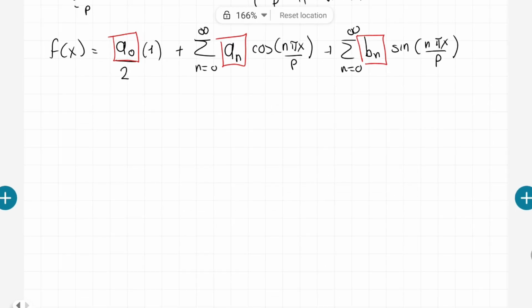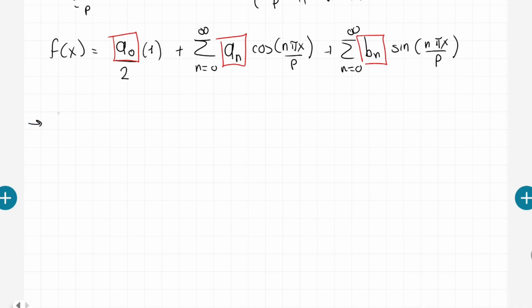Perfect. So we are going to start by finding a sub 0. To do that, let's first take the integral from negative p to p on both sides of this equation. What are we going to get?